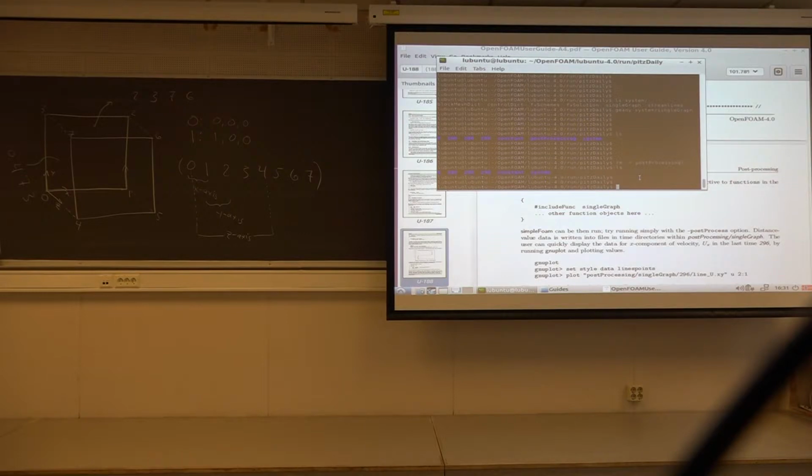And then I run the case again. simpleFoam. It crashed. Something is wrong here. But I'm monitoring runtime. Okay. Oh, it worked.